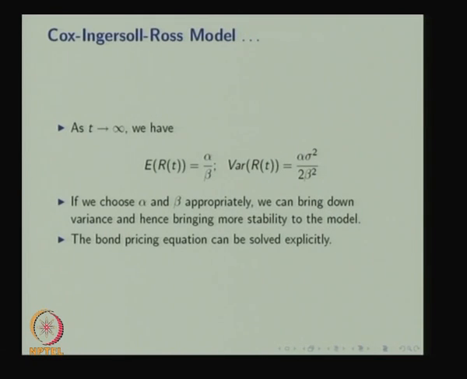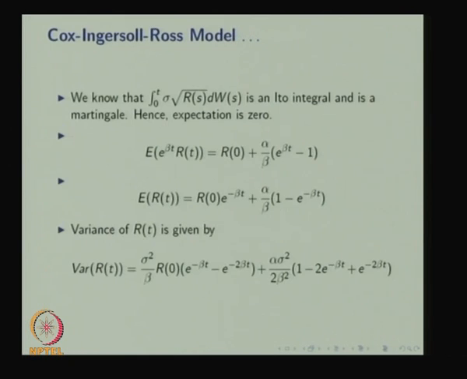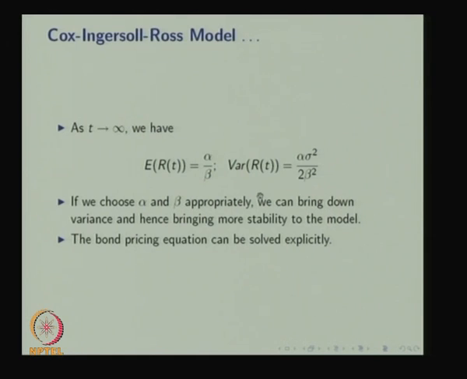Now we are discussing what happens as t tends to infinity. As t tends to infinity, from this equation, which is the expectation of R of t, with the assumption R of 0 is equal to 0, the expectation of R of t is equal to alpha by beta.